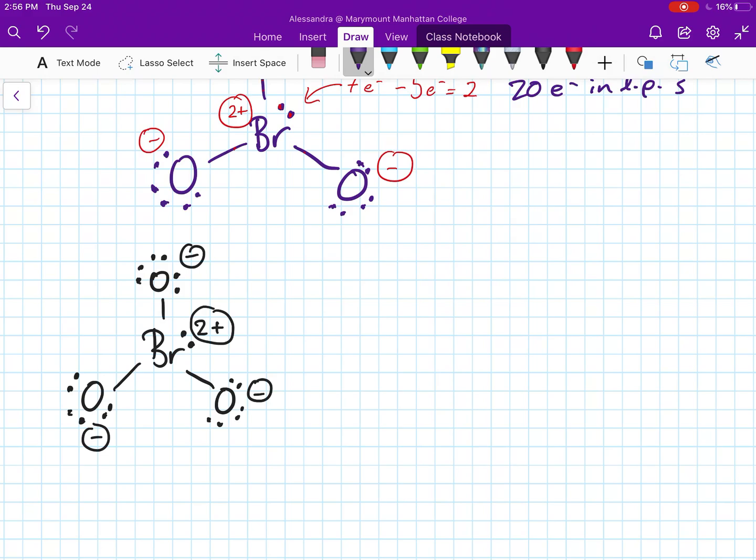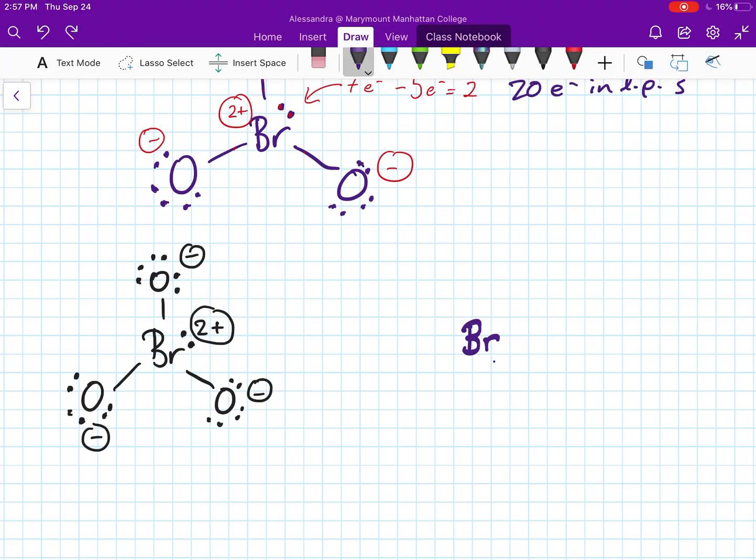I can do that because bromine is all the way in the 4th row of the periodic table. And as a heavy element, it can dip into its d orbitals and it can expand its octet. So what I'm going to do to draw that structure is take one of the lone pairs on oxygen and move it down to become a double bond.